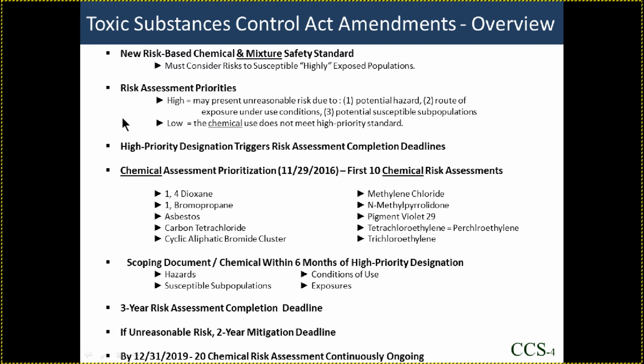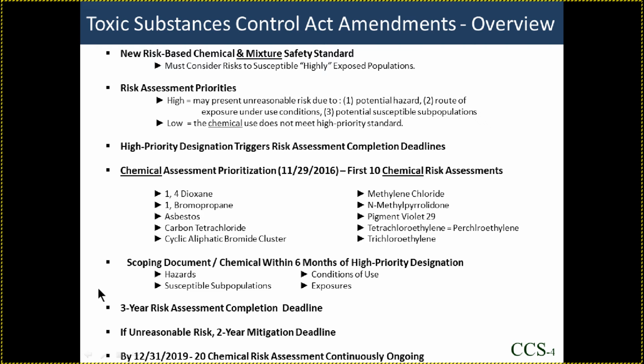And that scope will include what hazards they know about the chemical, the susceptible subpopulations that they're aware of, the conditions of use, and the exposures in those conditions of use. And by EPA publishing that as a proposed notification, this scope, that invites the public then, in any element in the public, to comment on the scope and add data about any of those elements that are going to be included in the scope definition.